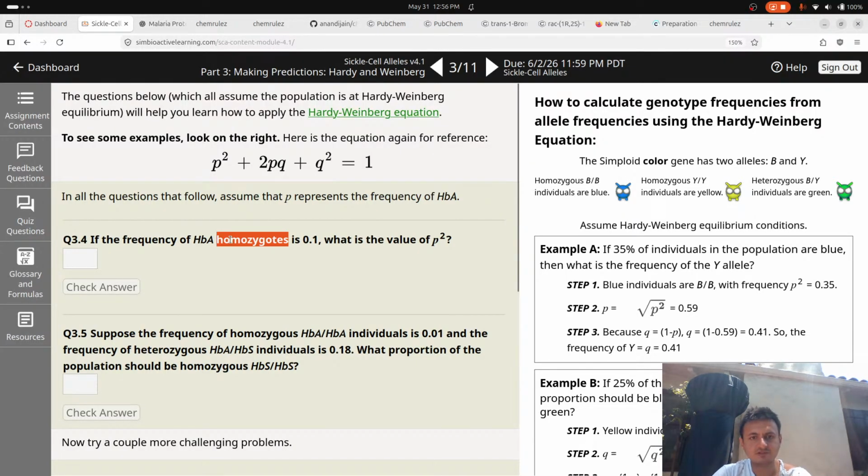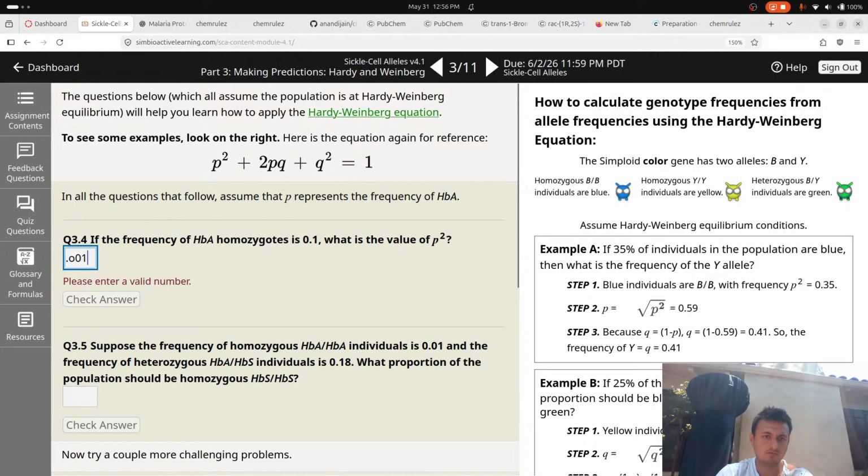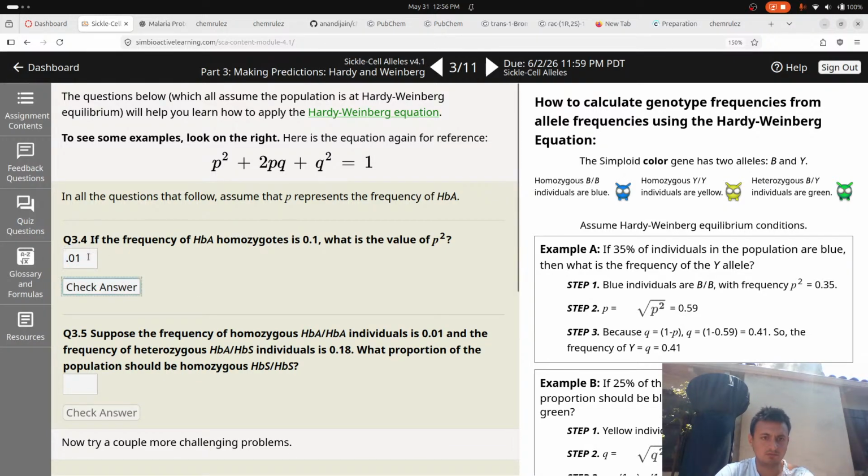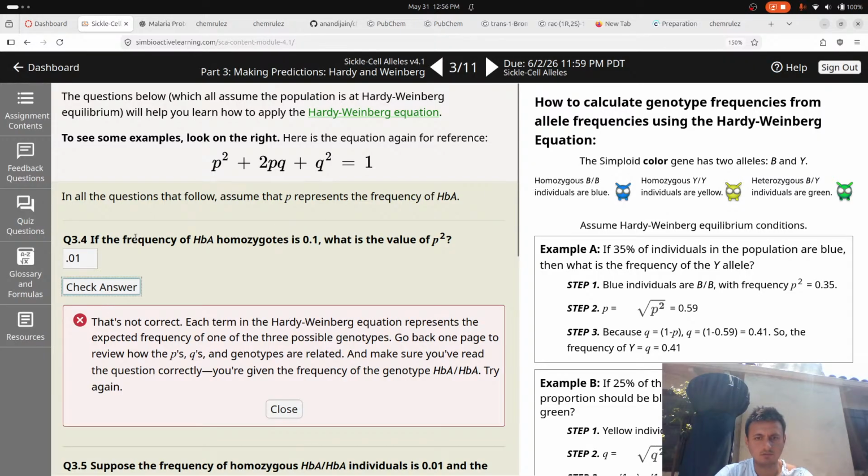If the frequency of HBA homozygotes, what's the value of p squared? Wait, what? No. P squared is this, so square root of that. Square root of 0.1.